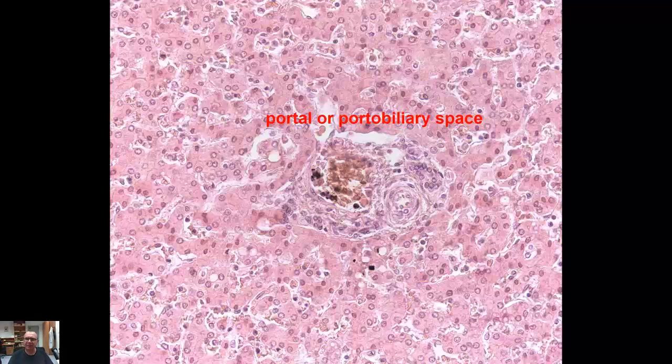In fact, vessels here are quite small, so maybe it would be better to say that you'll find an arteriole here, but usually we say artery, which is of course interlobular. Then the bigger structure is the interlobular vein, and another small structure, but with cuboidal epithelium, is the interlobular bile duct.